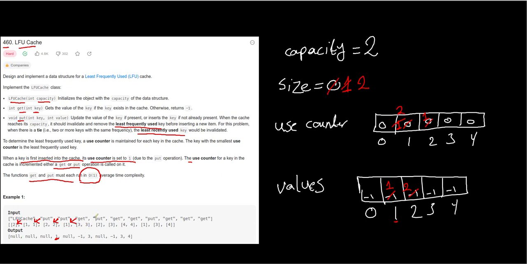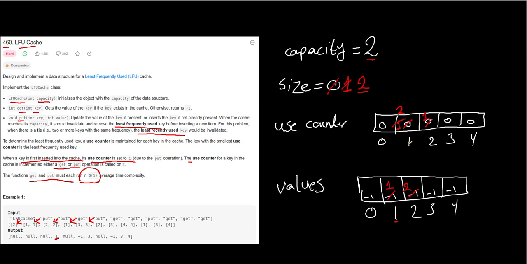Then we have put 3. Now the size equals the capacity, and that means the cache is full, so we need to invalidate one of the keys, the least frequently used, which means the key that has the least count.